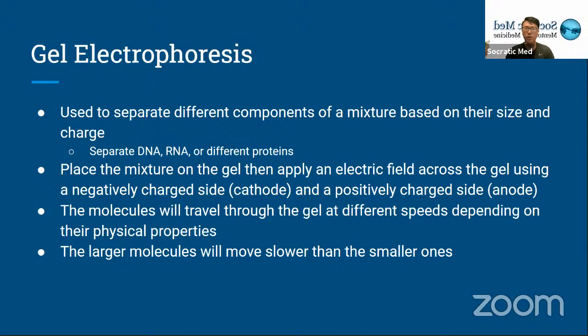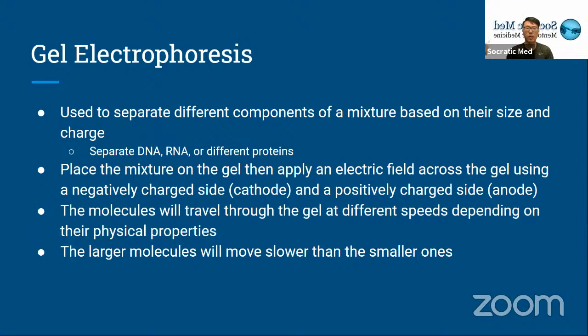Because of the electric field and the two differently charged sides, the molecules will travel through the gel to either the cathode or the anode based on their charge, but they will travel at different speeds depending on physical properties like their size and their charge.